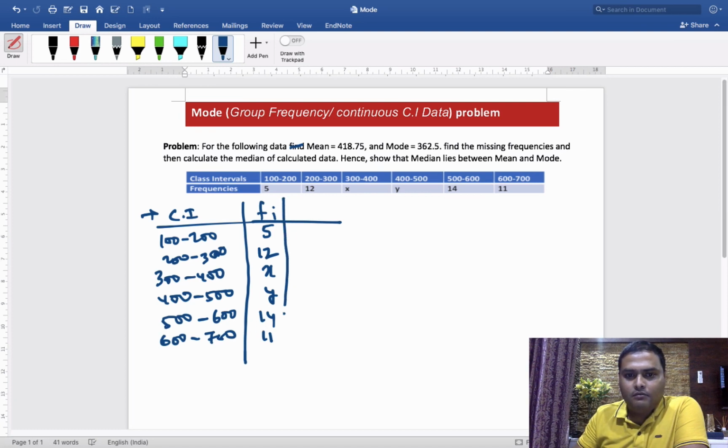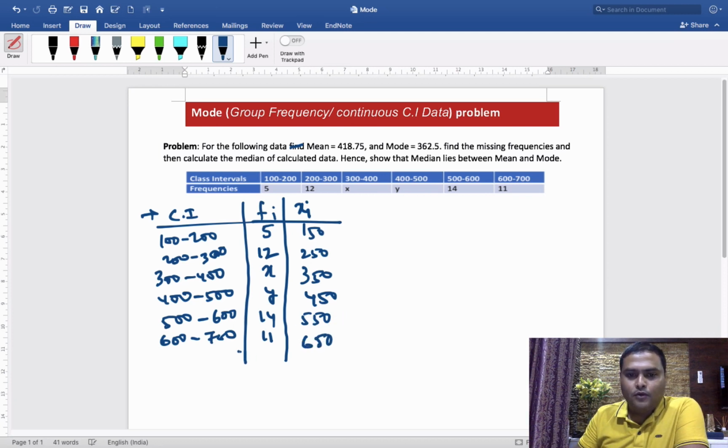Before I move ahead, I need to calculate the mid value of each class interval, because the mean is given, and in the mean formula the mid value is important. So the mid value of 100 and 200 is 150, then 250, 350, 450, 550, and 650.